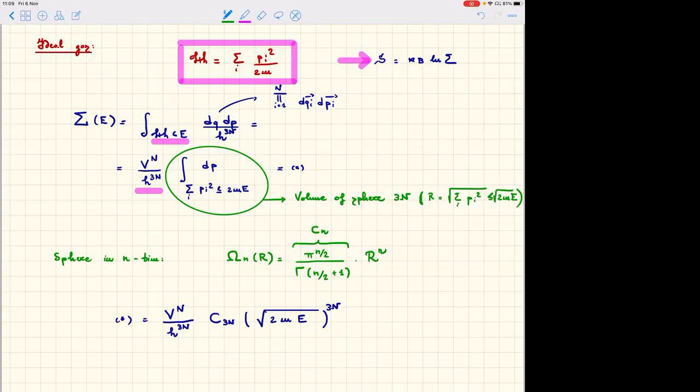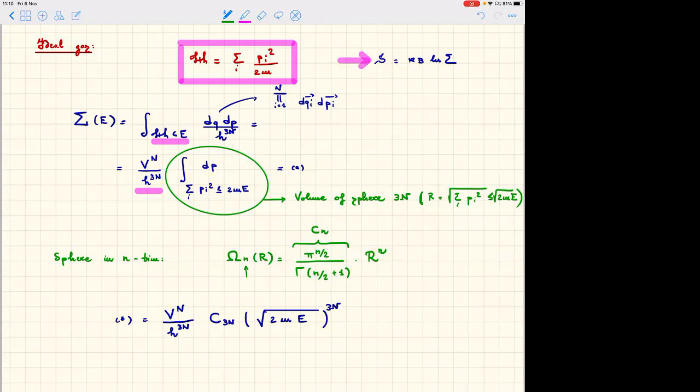And then I told you that the volume of a sphere in n dimensions is something that you can, not so easily, but you can figure out just by looking at standard books of mathematical methods or looking at Wikipedia. The volume of a sphere in n dimensions of radius R is given by this formula, where the constant C_n is equal to pi to the n over 2 divided by gamma of n over 2 plus 1. And then you have the radius to the power n.